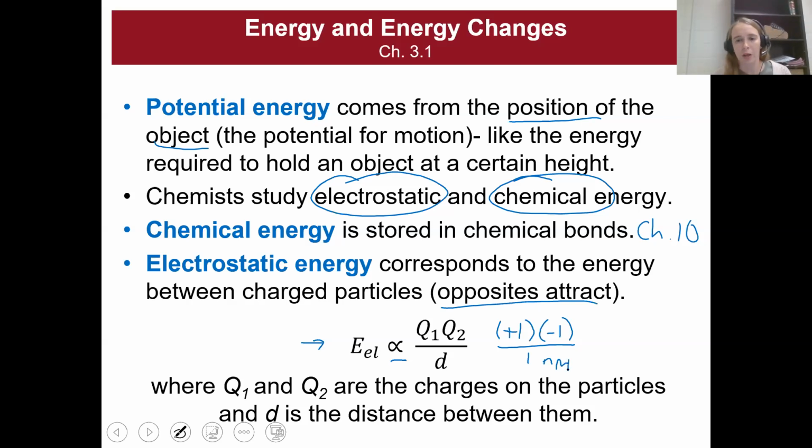I'll call it 1 nanometer, but basically 1, whatever. We're talking about relative numbers really and not actual numbers, so it doesn't matter. So that energy is going to be negative. Positive times a negative equals a negative. So when energy is negative, that is an attraction.